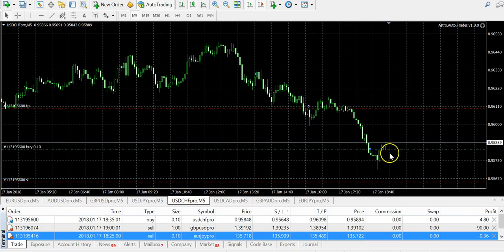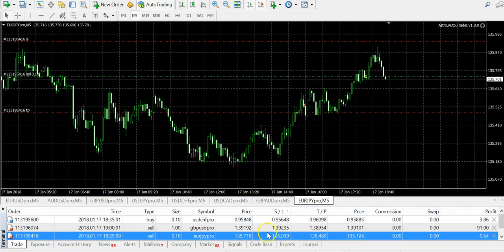It is going in the good direction for now. And we have this one also 0.10, and it's also going in a good direction. It's still minus here because of the spread in forex broker spreads.